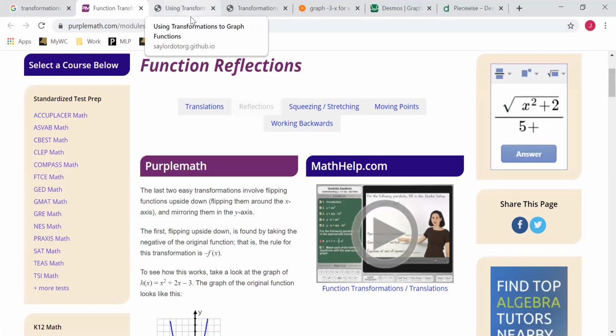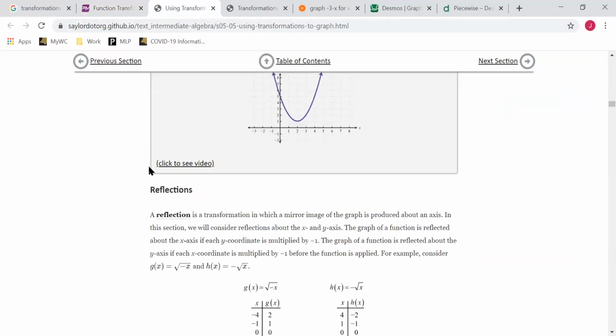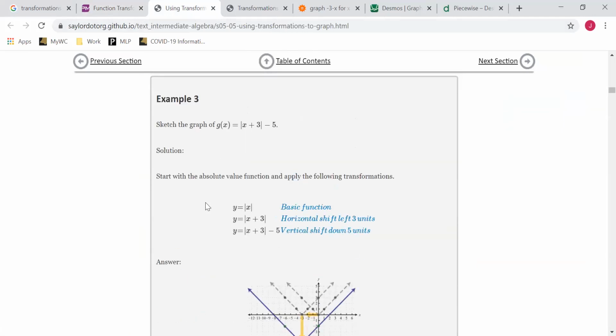Now, if we were in class together and I was writing on a whiteboard with you, I would write out a lot of the things that I'm about to show you. But because I can screen share with you on Zoom, I think it's better for this lesson today for me to point you at some other resources I have found that are going to help us. So let's look at some of the different types of transformations.